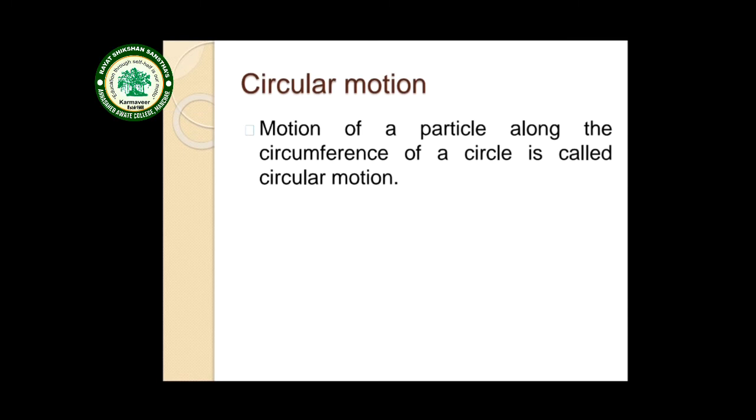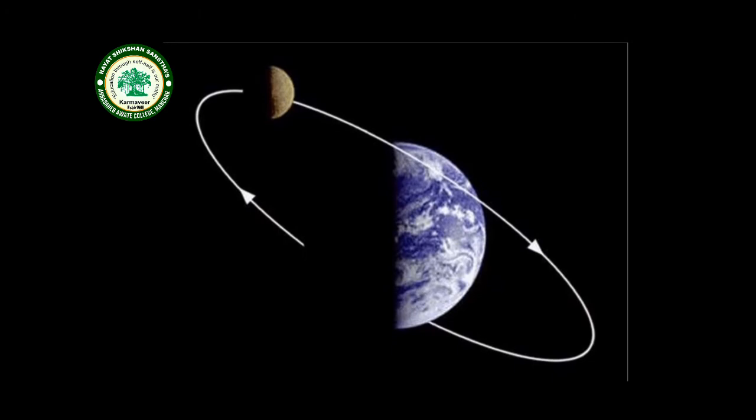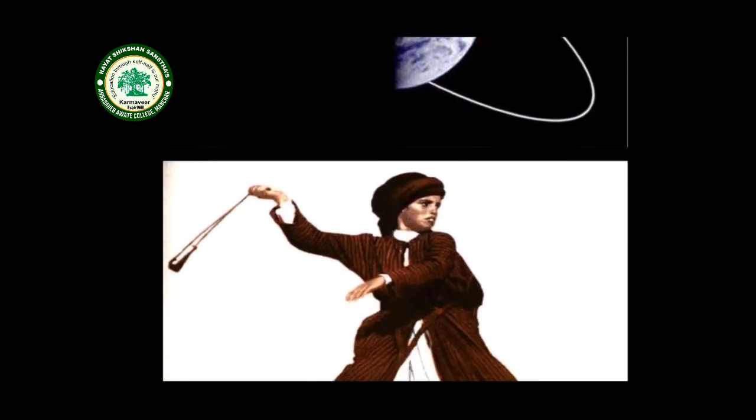After this we can see some examples of circular motion. This is an image of an atom in which there is a nucleus in the center of the circle, and there are electrons that move around that nucleus. Here is another example in which the moon is revolving around the earth.